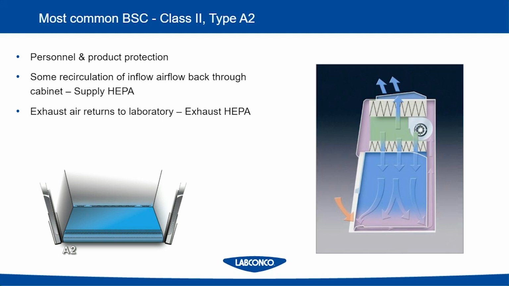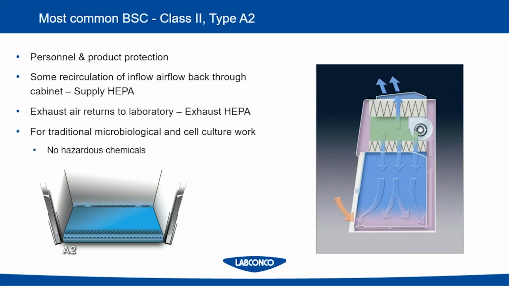The second issue is that some of the airflow in the cabinet, as it passes over and picks up those fumes, is not exhausted but is pushed back down through the supply HEPA filter into the cabinet. So one could imagine that over time, if I was working with a large volume of chemical, since all of this air is not exhausted, it can start to increase in its concentration inside the cabinet.